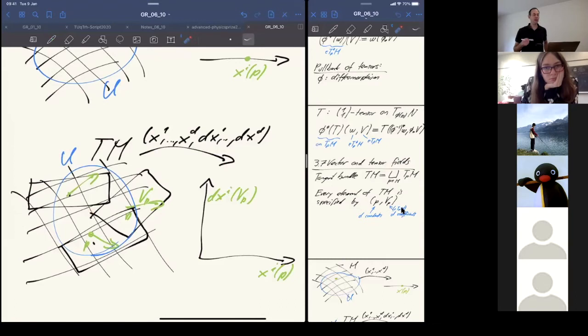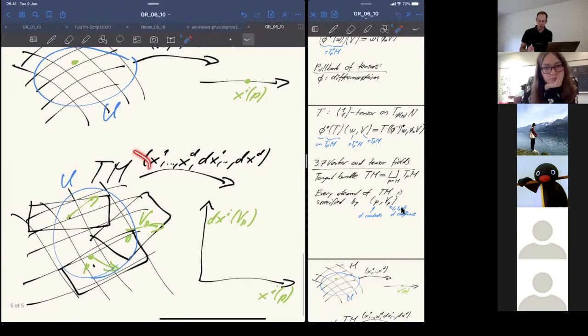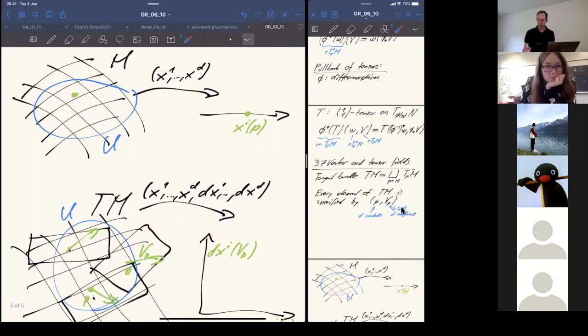Then the other important thing I need to show is I also want this new manifold TM to be a differentiable manifold. And for this to be a differentiable manifold, remember the condition is that the chart transition maps have to be differentiable. So what I have to do is to look at two such charts, which I can construct by taking two charts here, an X and a Y chart, and this induces two new charts here, and then I just explicitly write down the chart transition map.